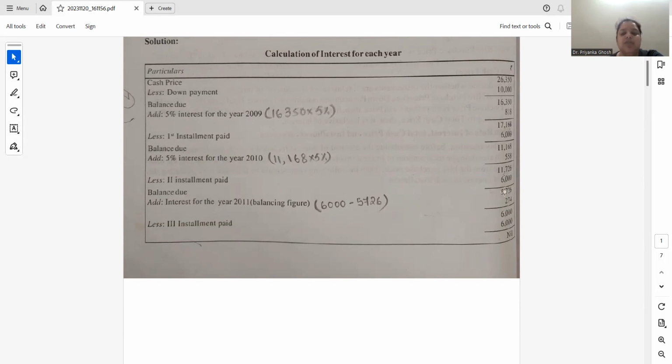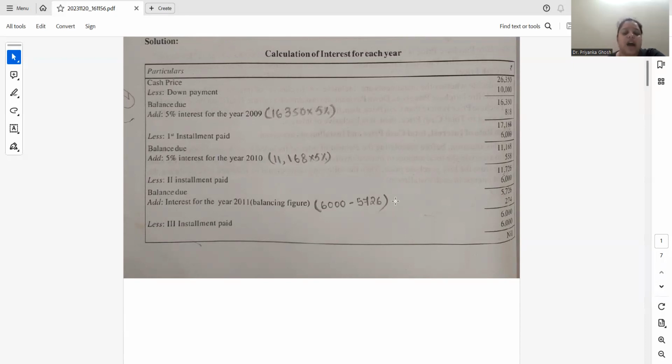For the last year, we find the interest as a balancing figure: 6,000 minus 5,726, so my interest amount comes to 274. Adding this 274 rupees to 5,726, the total due comes to 6,000, and the last installment we paid is 6,000. So my balance at the beginning of the fourth year will be nil or zero.